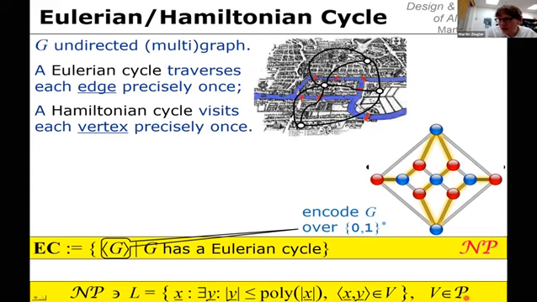Because in order to formally verify, to prove rigorously that this graph does not have a Hamiltonian cycle, we would need to consider all possible candidate cycles and then check that every single one of them is not Hamiltonian. Every single one violates at least one of the conditions. Either it doesn't return to the original vertex, or it misses some vertex, or it visits some vertex twice, right?